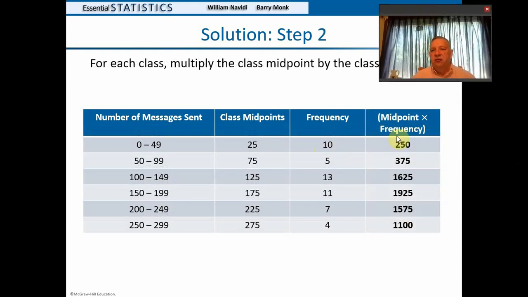So here's the value from each one of these, the midpoints times the frequency, 25 times 10, that's obviously 250, and then continue on just multiplying these numbers. If we were in Excel, this would work really easy. I would just take these, multiply these together, do my fill handle to calculate the rest of them, and then I could sum these up and divide it by the 50.